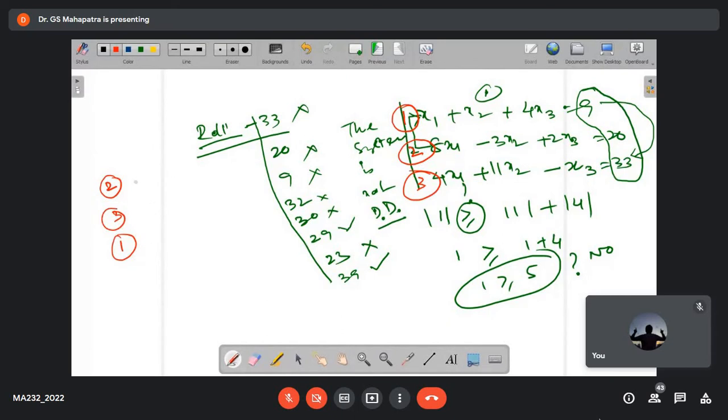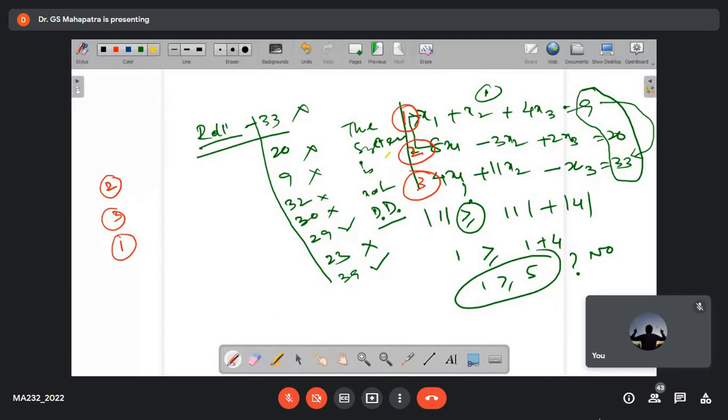The properties of the matrix will not change if you exchange the position of the rows.